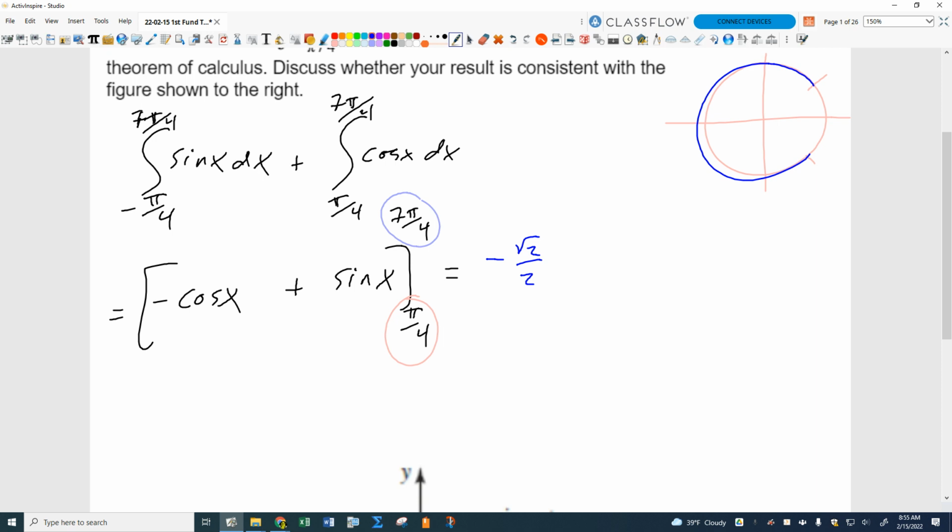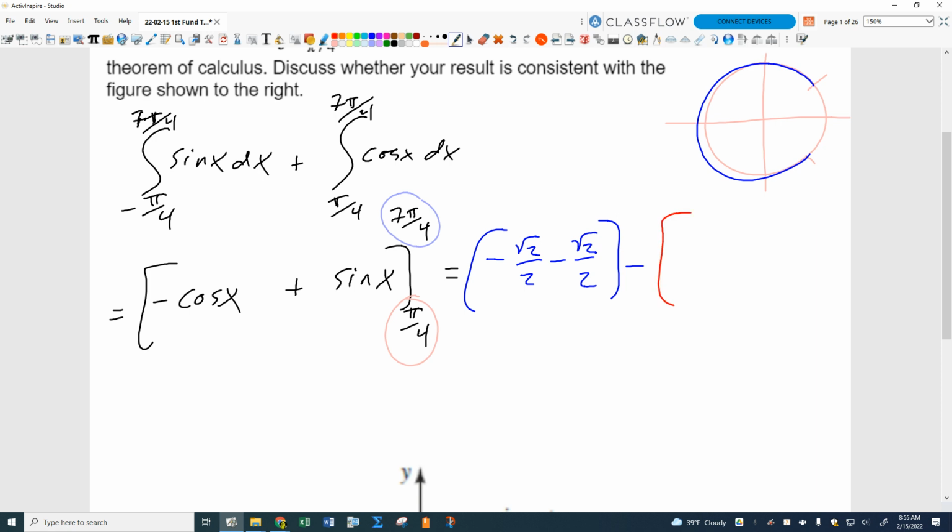Because sine would be the y coordinate. Okay, plus negative, so that's minus square root of 2 over 2. So there's our function evaluated at the upper limit, right? Minus our function evaluated at the lower limit.